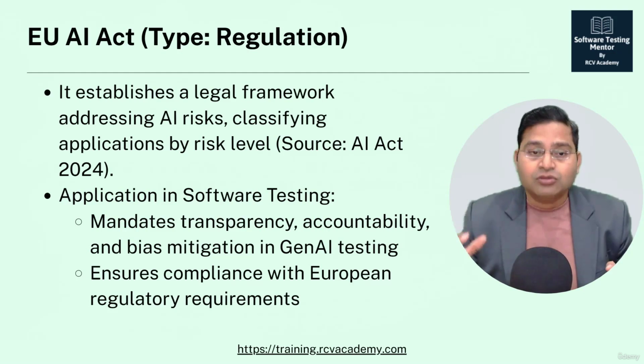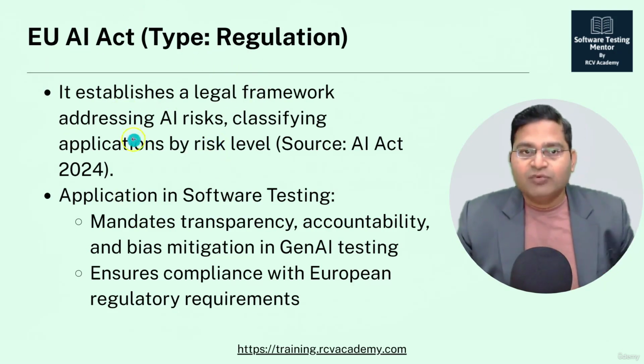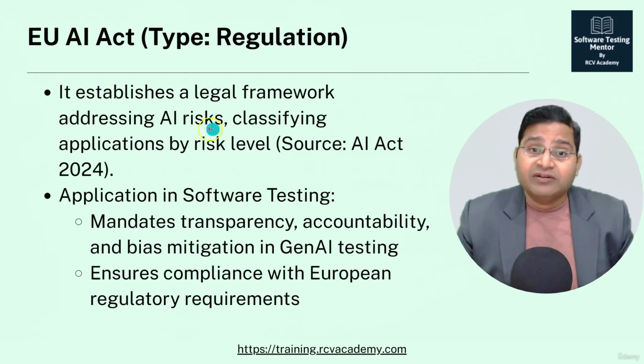And this also ensures compliance with European regulatory requirements. So this is the European Union AI Act, a regulatory act which is a legal framework for addressing AI risks, something similar to GDPR, if you have seen it, for the data protection and privacy of consumers. This is specific to artificial intelligence.